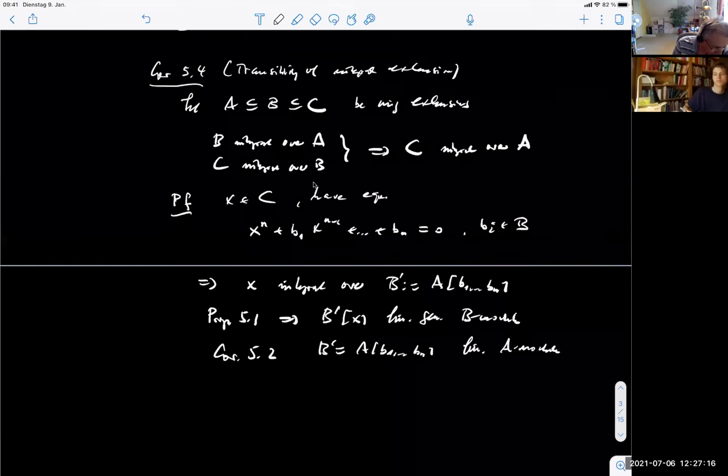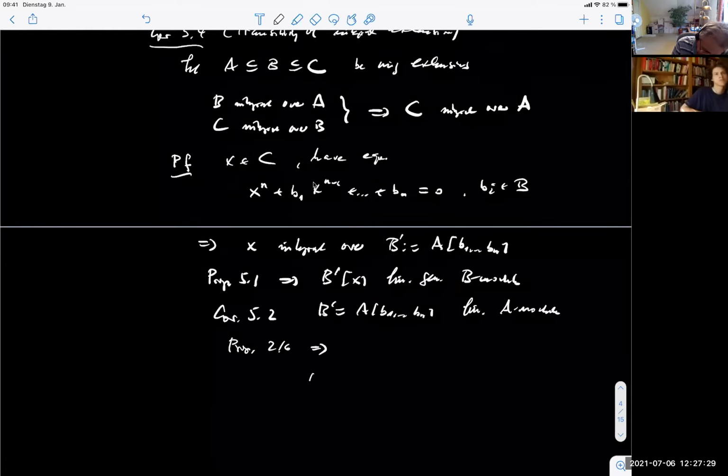So now I use the transitivity of finite generation of modules. That was Proposition 2.16. And what I get is that B prime adjoin X is a finitely generated A-module. Okay, and then I'm done. Use the proposition, our criterion.